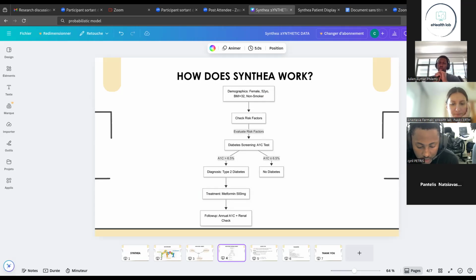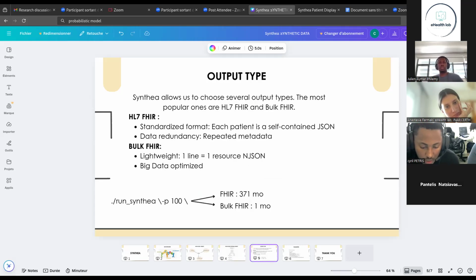I can't really put a real graph in this slide because it was too big and was not fitting on my canvas. Also, Synthea has many different output types.